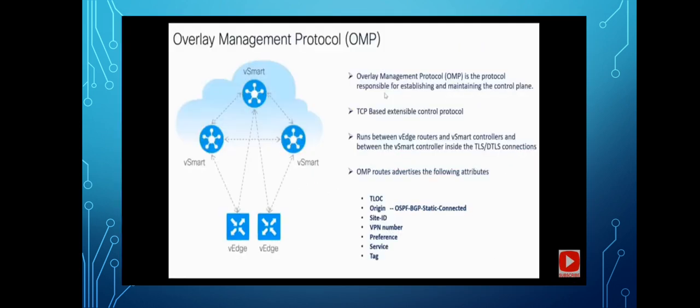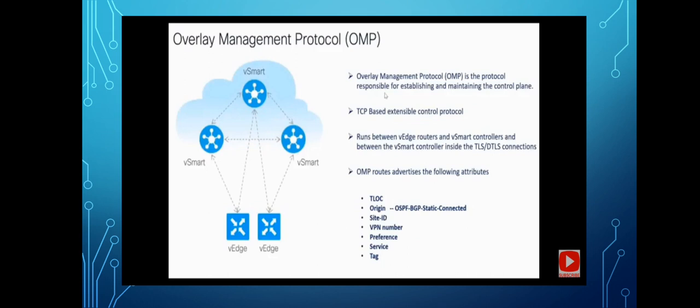So what exactly is OMP? It is the Overlay Management Protocol. It's a protocol responsible for establishing and maintaining the control plane. It's TCP based and runs between the vEdge routers and vSmart controllers. It takes care of the following attributes mentioned in this slide.